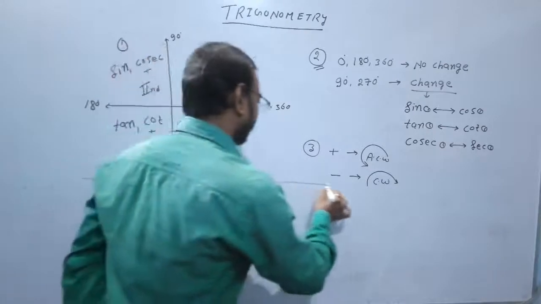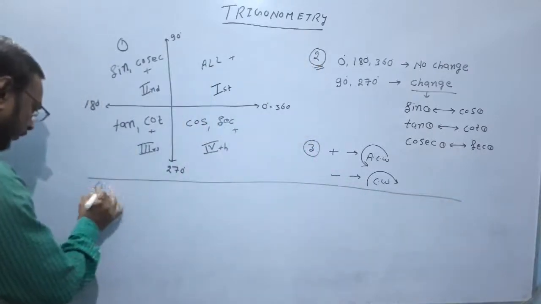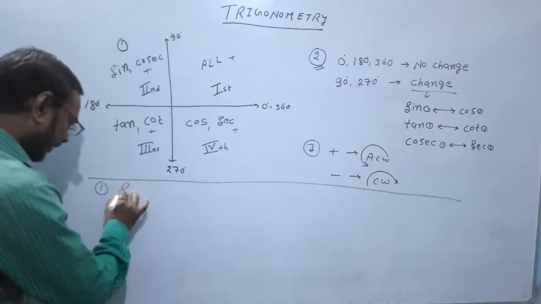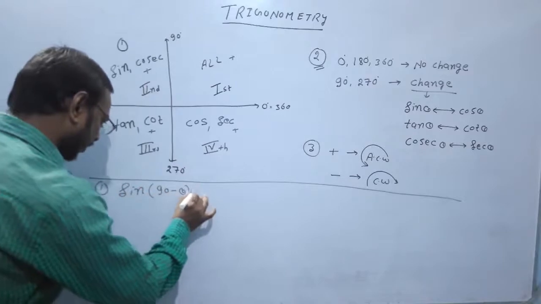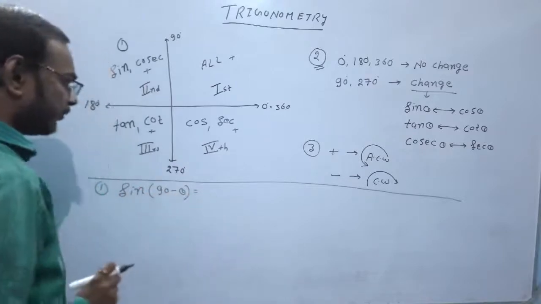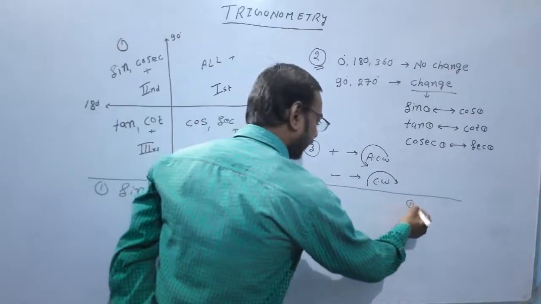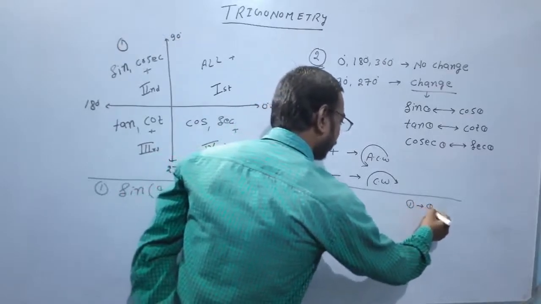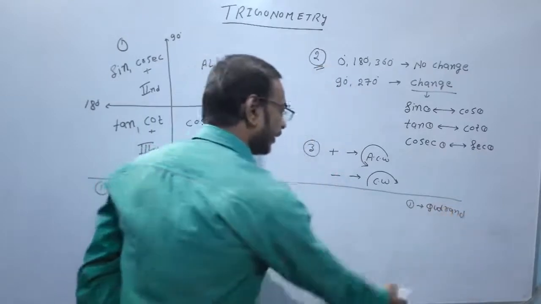Let's take an example and understand. If we are asked what is the value of sine of 90 minus theta, first of all we must remember to first decide the quadrant.